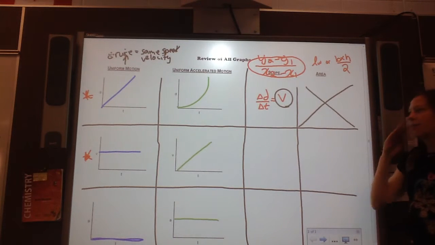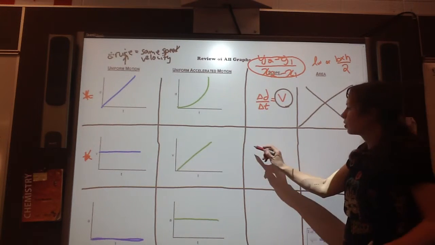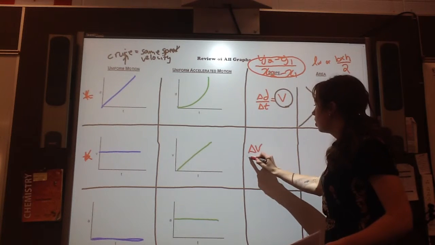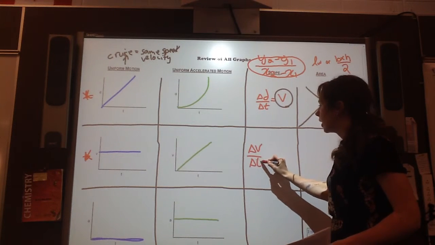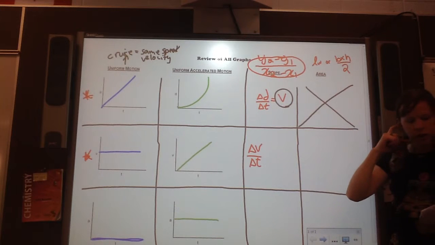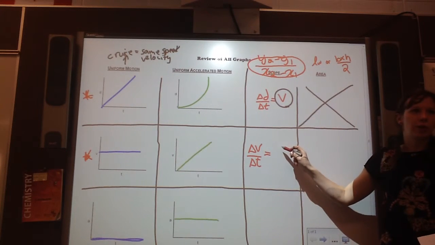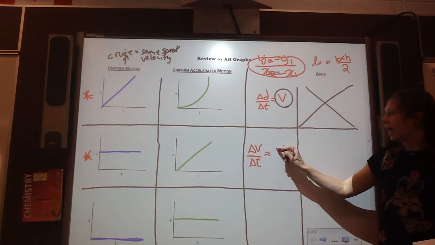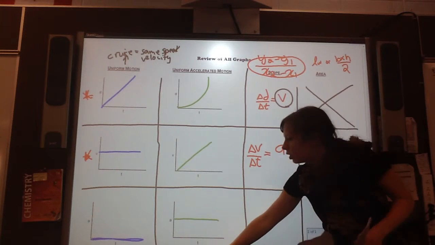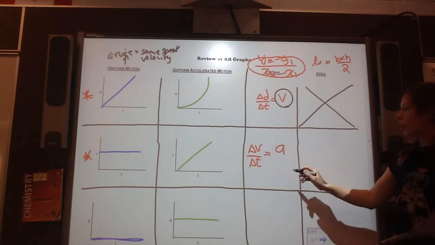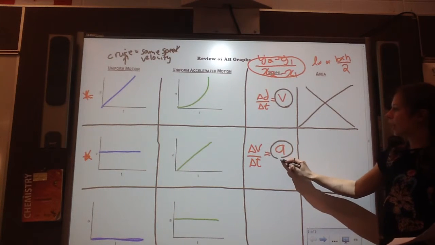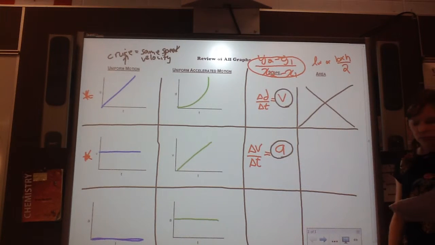Now in a VT graph, the slope, delta V over delta T, is the change in velocity over a change in time. What is V divided by T on your formula sheet? A. So when you find the slope of a VT graph, you find A, which is acceleration.